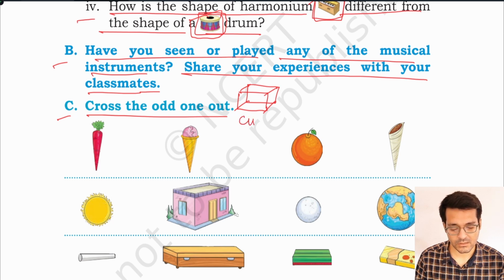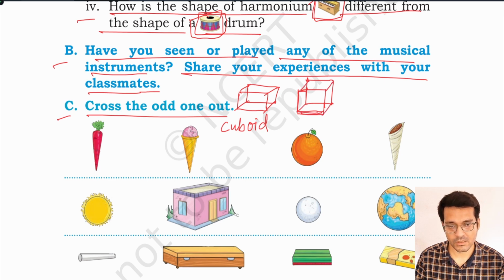This shape is known as cuboid. Similar to this is a cube. You have seen dice or Rubik's cubes, or various things around you present in this shape. All sides of this shape are equal. This is known as cube.